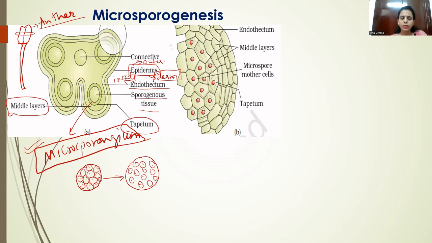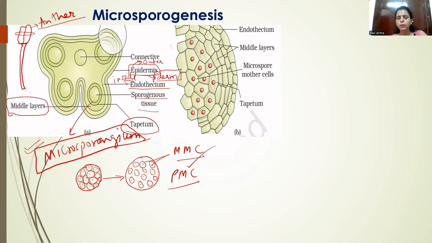Remember here that there is no increase in the size of the cells, only an increase in the size of the microsporangia, due to which the space between these cells increases. All these cells, as they are capable of producing microspores or pollen grains, are known as microspore mother cells or pollen mother cells.